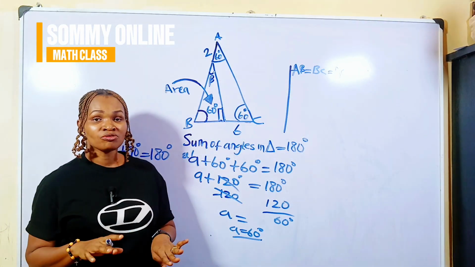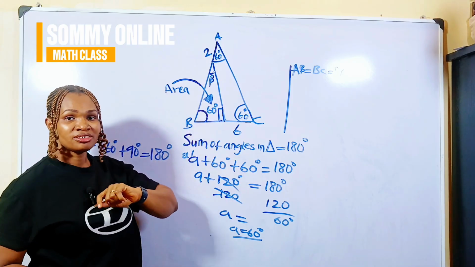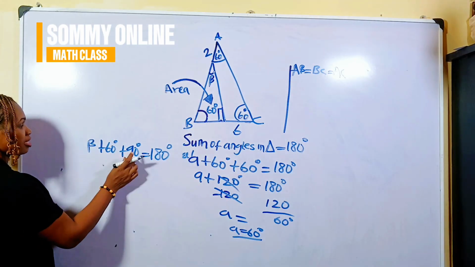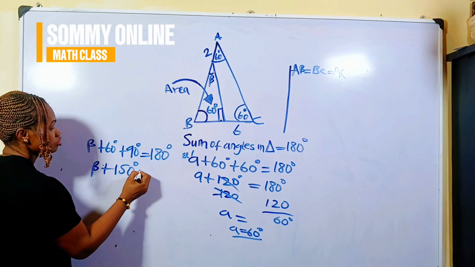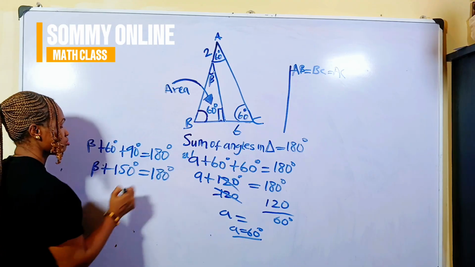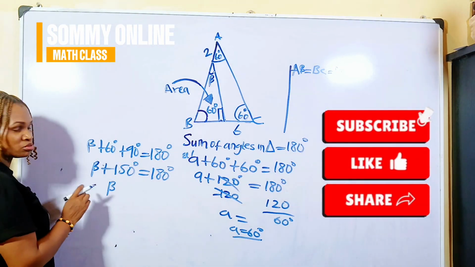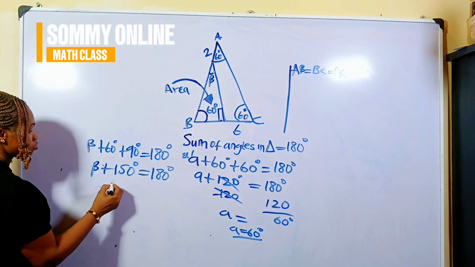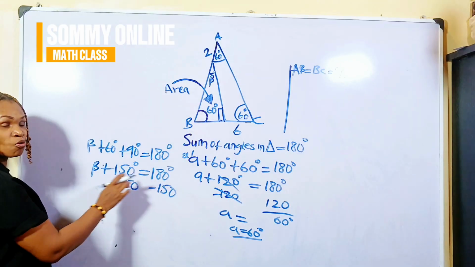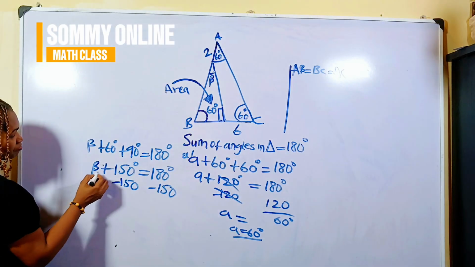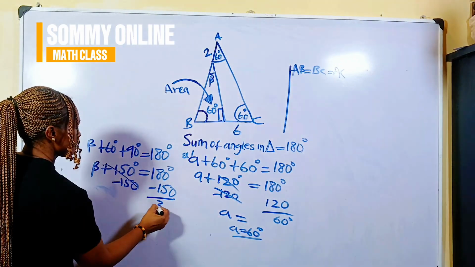Remember, the sum of angles in a triangle is still 180 degrees. So we are looking for this angle in this triangle. 60 added to 90, you have beta plus 150 degrees equal to 180 degrees. So we subtract 150 from both sides to get beta. This cancels out. 180 subtract 150 gives 30.